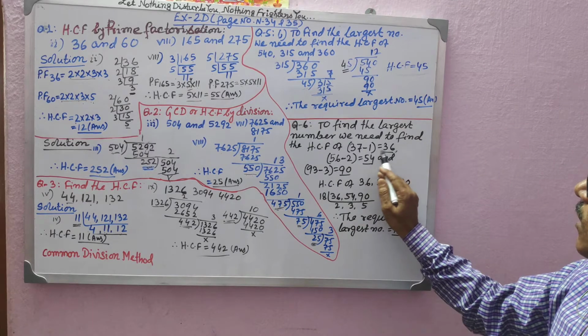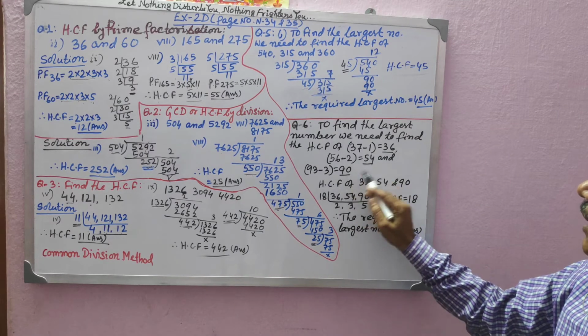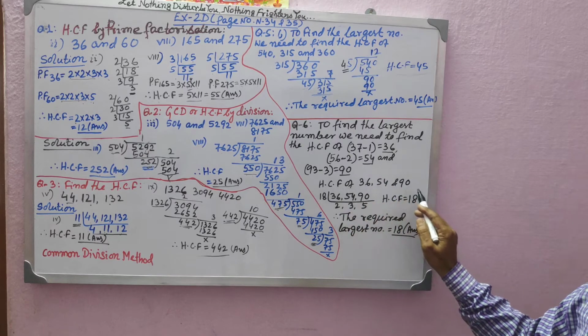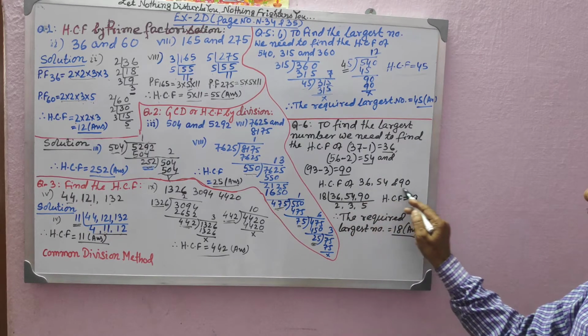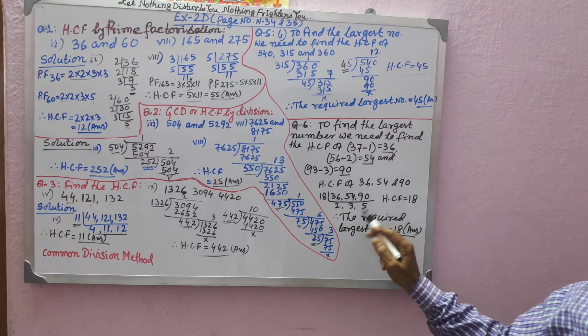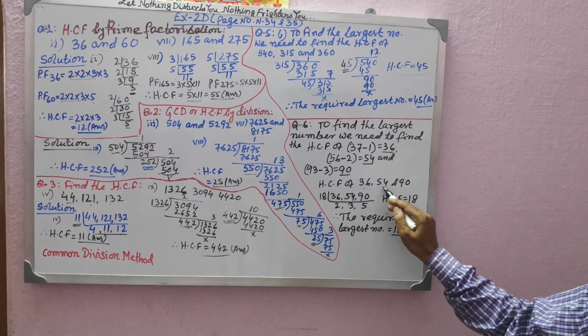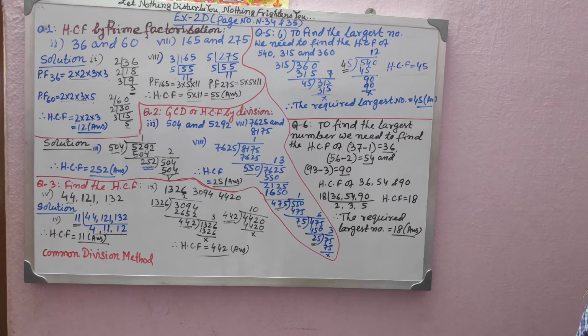You subtracted 1, 2 and 3 from the given numbers, and they became 36, 54 and 90. Find the HCF of these 2-digit numbers. Though they are 2-digit numbers, go with the common division method and see that 36, 54 and 90 have a common divisor.